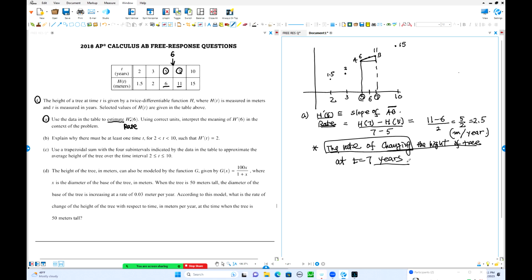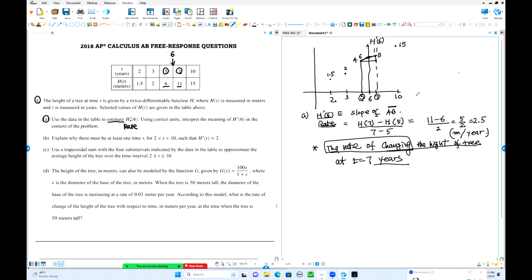For part A, we take the slope of this line as h prime of 6 between these two numbers. So h at 7 is right after 6; before 6 we have only 5.